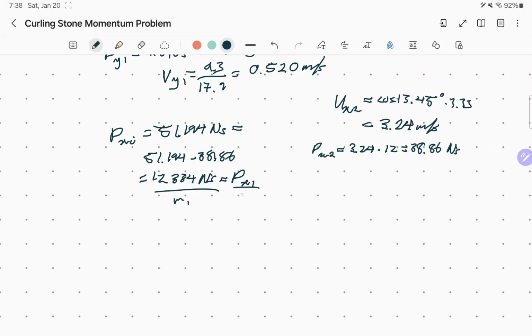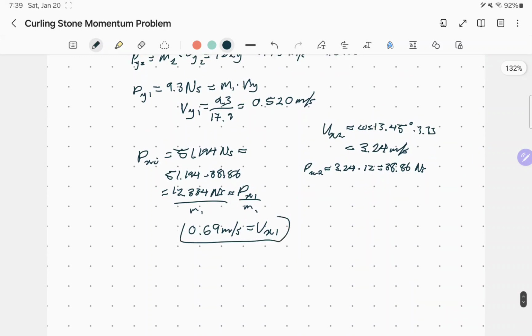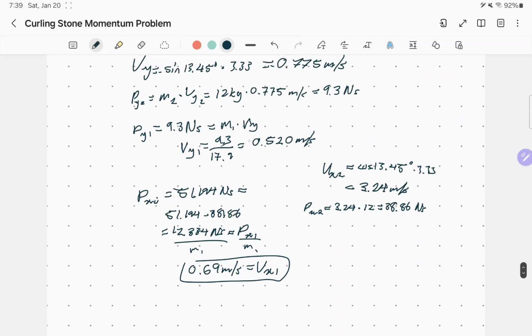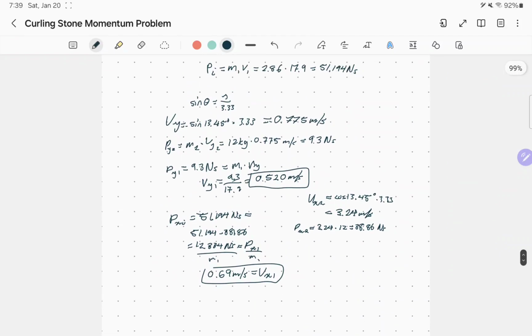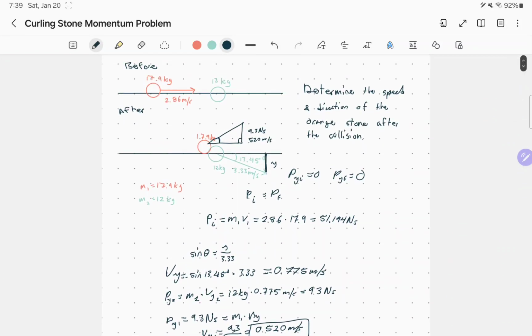So we'll divide by m1, and this will give us 12.334 divided by 17.9, which is equal to 0.69 meters per second, which is Vx of the first one. So now we know Vx and we know Vy.